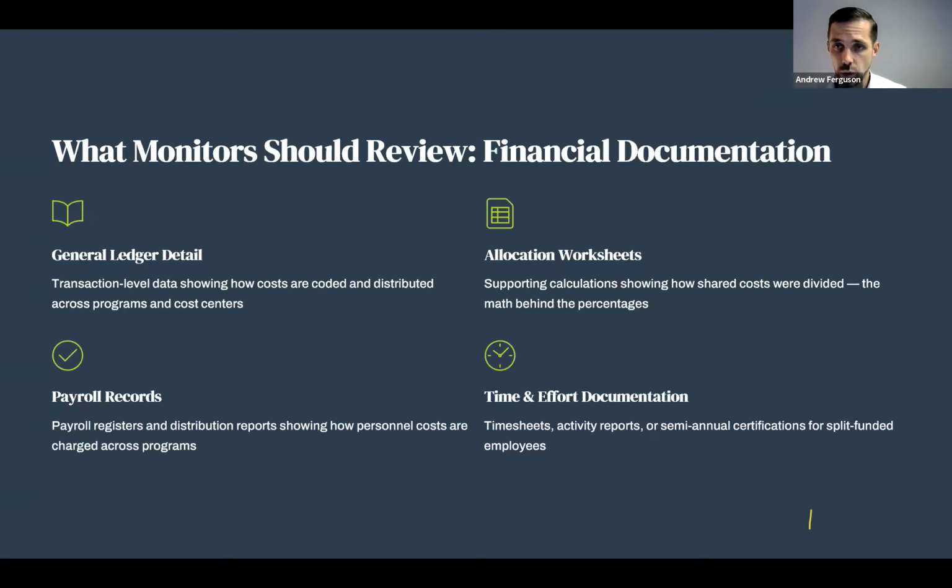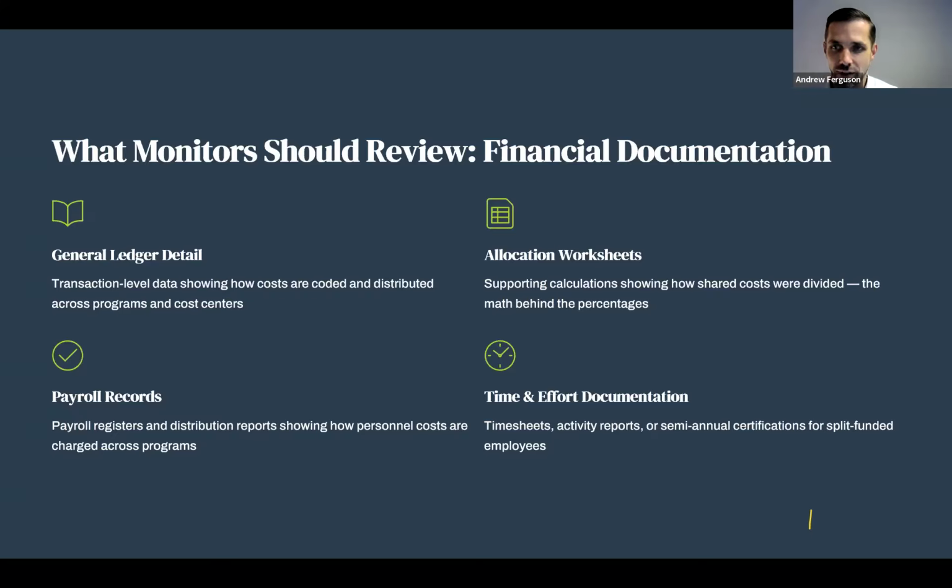The way we walk that through is we look at the source documents, the invoices or the bill. We trace it to the general ledger and how those expenses are being coded to the different programs. For example, this is very simple: if they say their utility bill is going to be allocated 30% Head Start, 30% CSBG, and 30% LIHEAP.